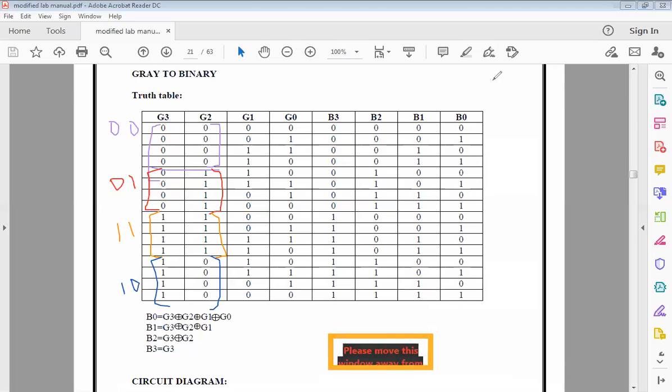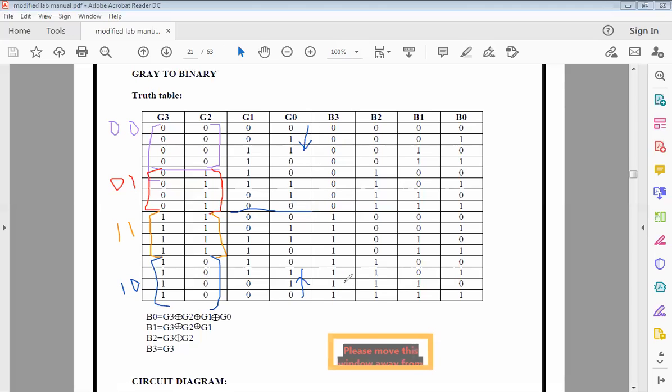This fashion can be used here, and here also you can divide them into 8: 1 2 3 4 5 6 7 8. Whatever codes are here, it is reflected. If these codes start like this, these codes will start from here. So it's a reflected way of representing your codes.